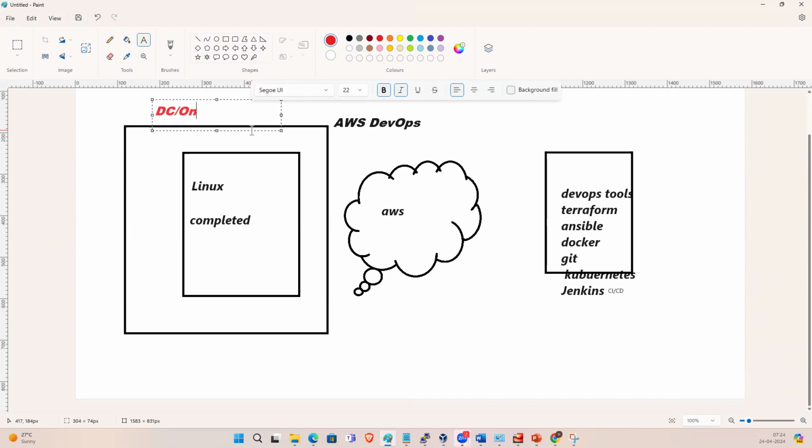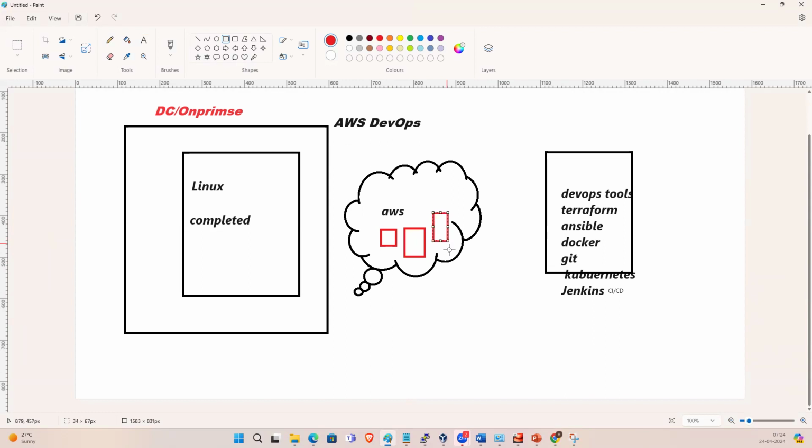On-premise, an on-premise data center or an on-premise environment. Now the same servers, VMs or something like that will be deployed on the AWS.